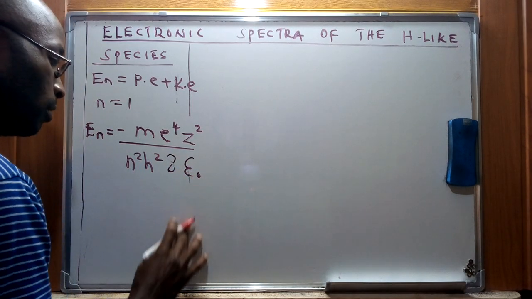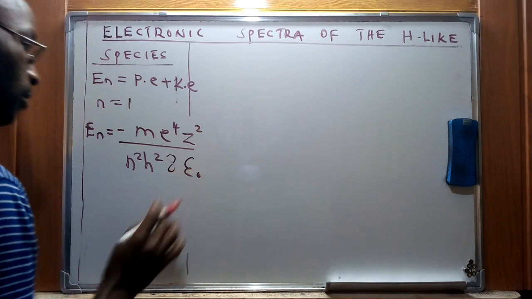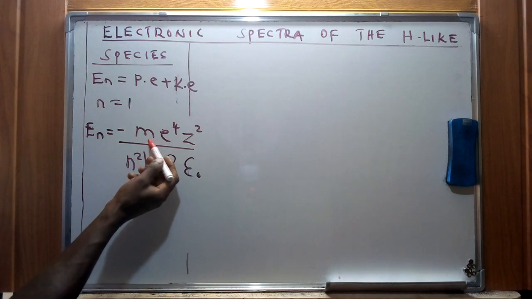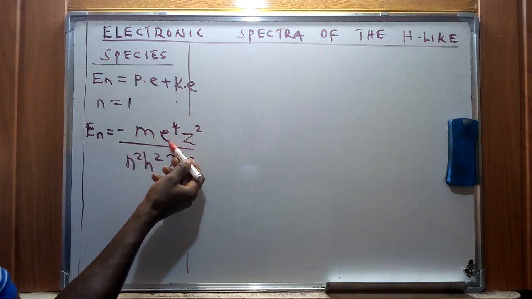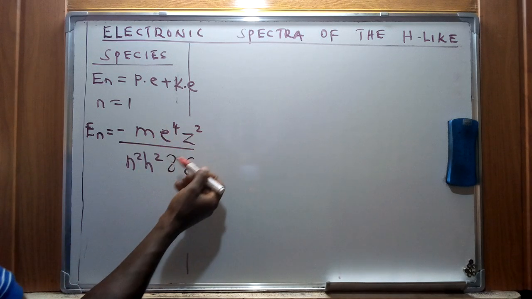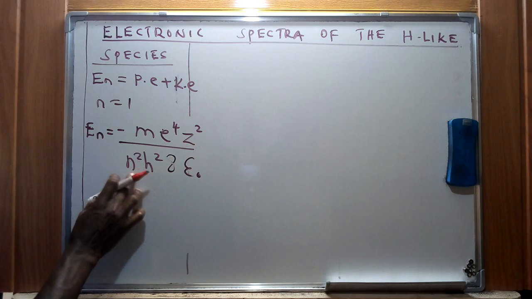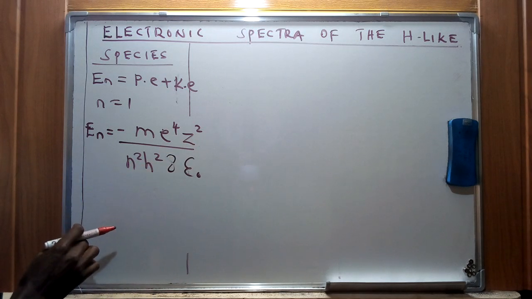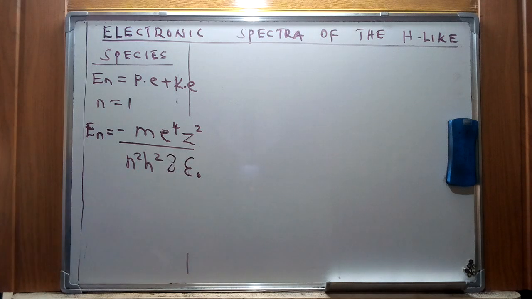I'm going to elaborate on this so that we do not have confusion. This is the mass of an electron, given as m, and this is the charge of an electron raised to the power 4. This is the number of protons, this represents the quantum number n, h is Planck's constant, and this is the permittivity that we have given as such.